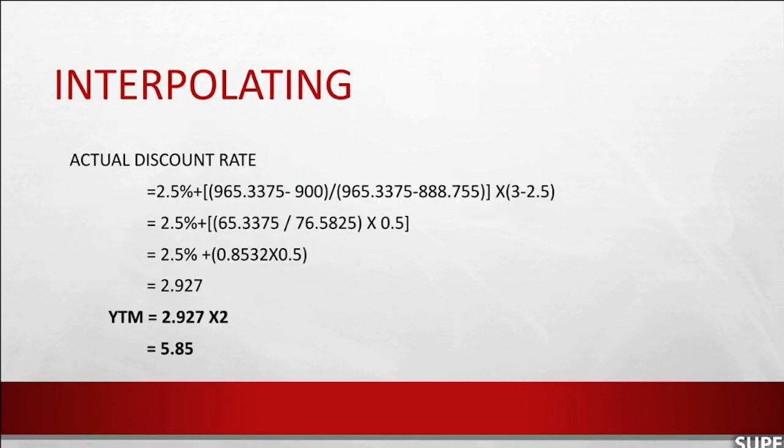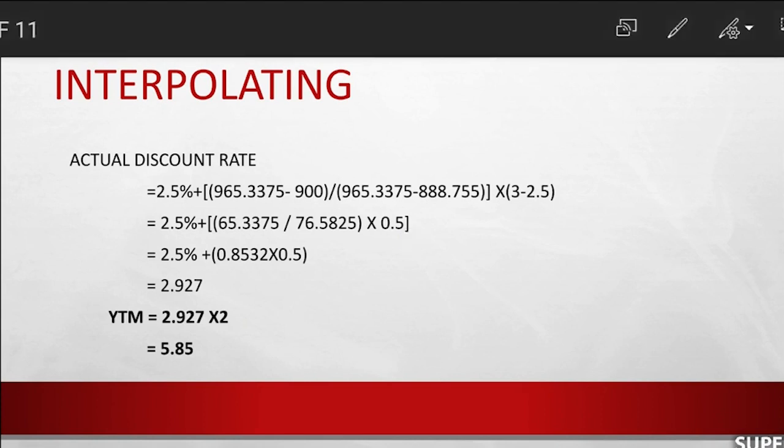Then whole into 3 minus 2.5, that is H minus L, higher discount rate minus lower discount rate. So 2.5 percent plus 65.3375 divided by 76.5825 into 0.5.